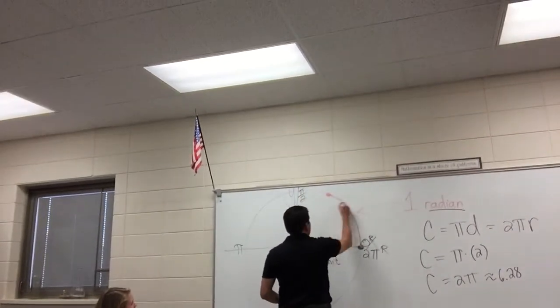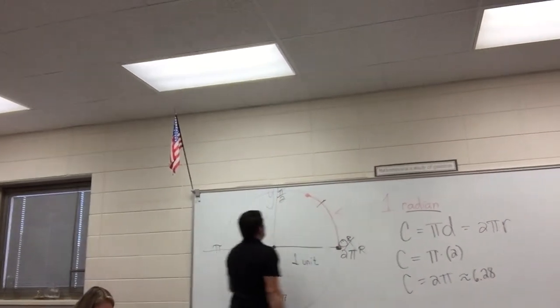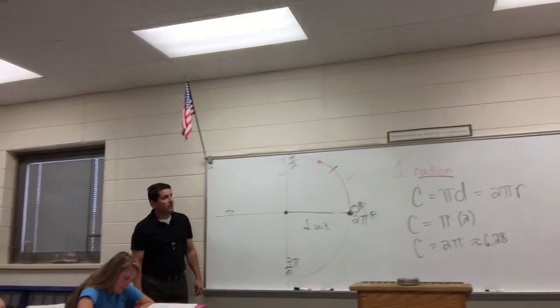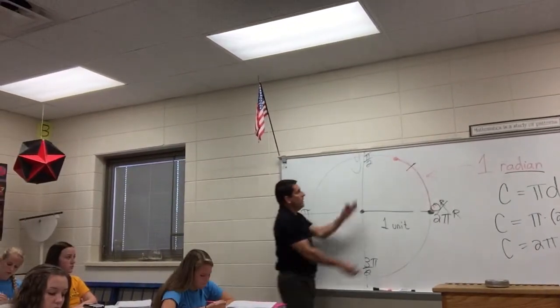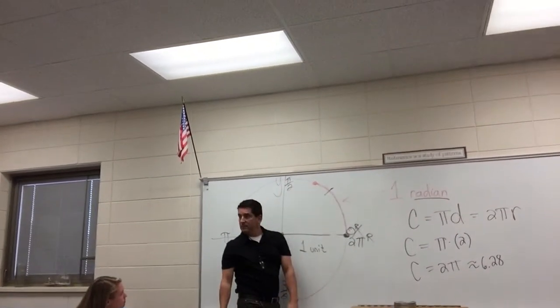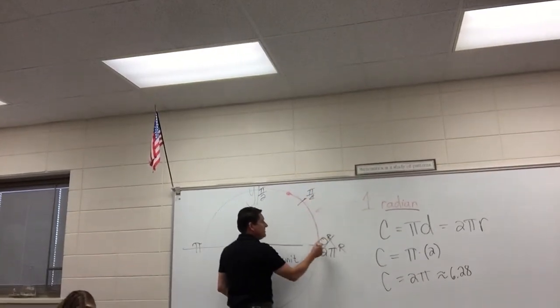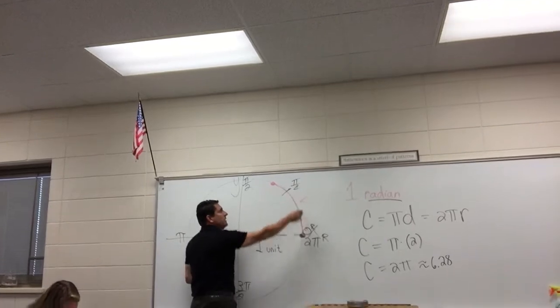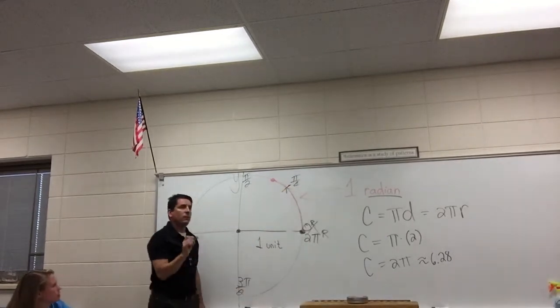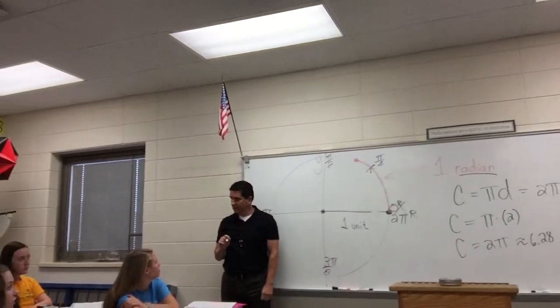What if I go half of a half here? Well, it's 1/4 of a pi. So this distance, starting here and ending here, is 1/4 of a pi in length.